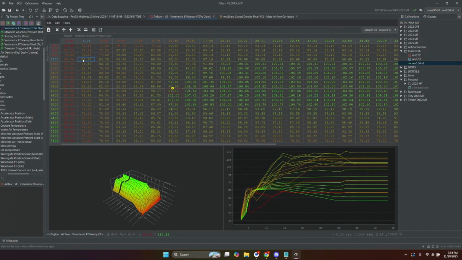We're actually closer in that area to 85% of the air making it into the cylinders at that pressure and that RPM.